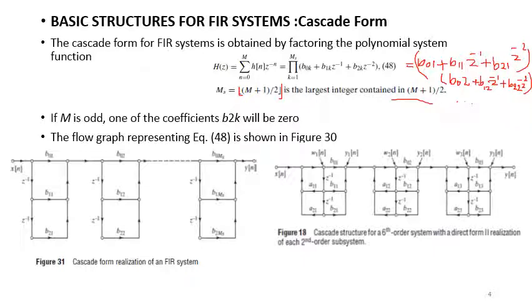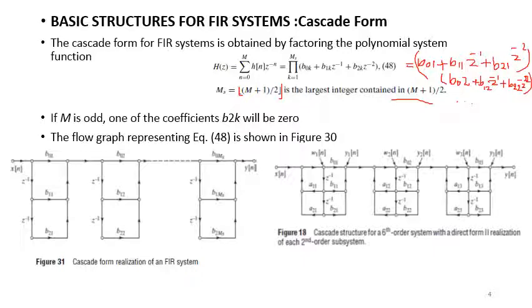So if we expand it, we'll have something like b01 plus b11 z inverse plus b21 z to the power minus 2, multiplied by b02 plus b12 z inverse plus b22 z to the power minus 2, multiplied by b03 plus b13 z to the power minus 1, b23 z to the power minus 2, and so on.